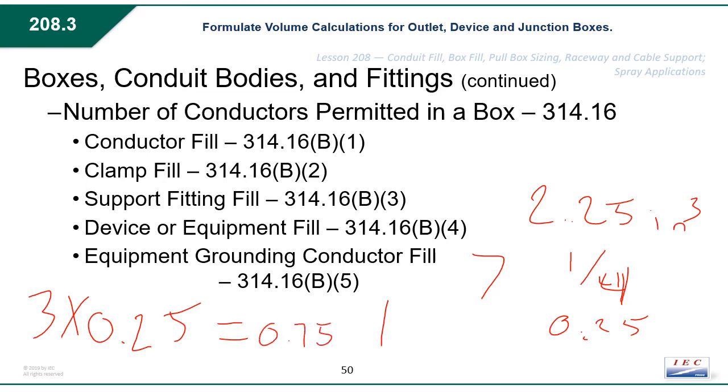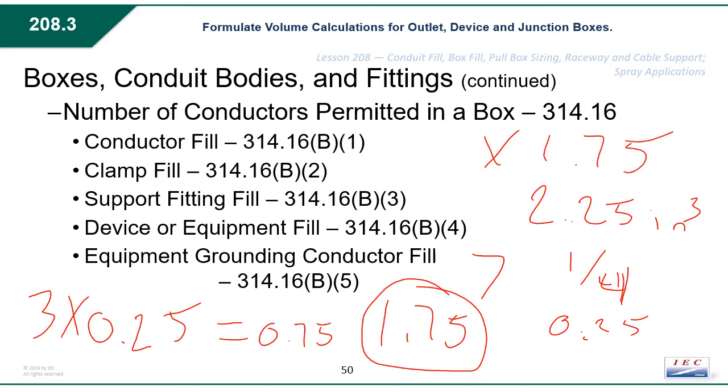So I have a total of 1.75 equipment grounding conductors. Then I take that 1.75 and multiply it by its wire gauge size. So that's equipment grounding conductor fill.